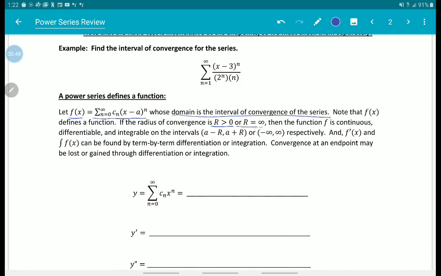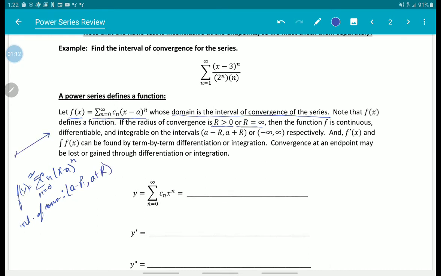So what's kind of cool about this is that if we have a function f of x and it's written in terms of this power series, and let's say the interval of convergence is a minus r to a plus r.